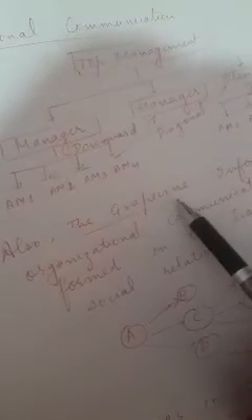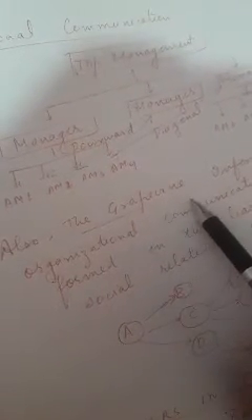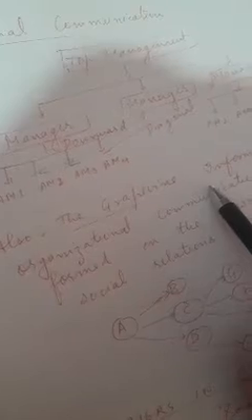For this, we have a very common term, that is grapevine. So, as you can see, how you find a grapevine, a bunch of grapes, how they are connected in a vine. In the same manner, the informal communication flows, like you can see here.